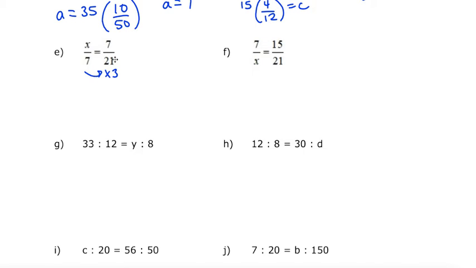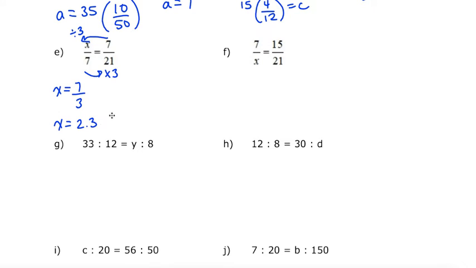So if 7 times 3 is 21, then a number times 3 is going to give me 7. Now, that's not going to work out nicely though, right? So that's okay. So I know if I'm going to go the opposite direction, so 7 to the x, I can do that division by 3. So x is equal to 7 divided by 3. And that works out to approximately 2.3.